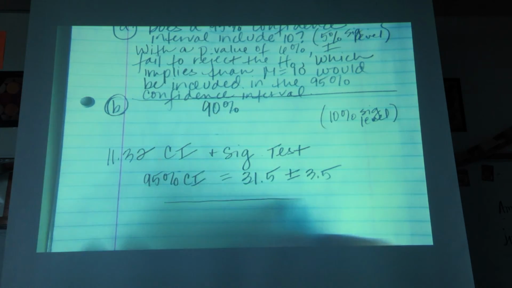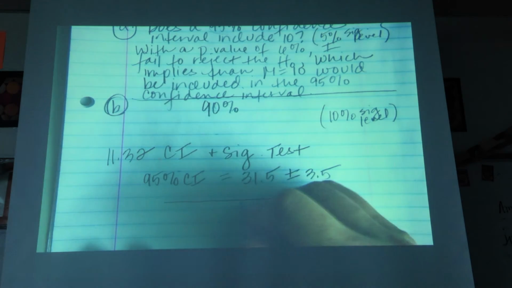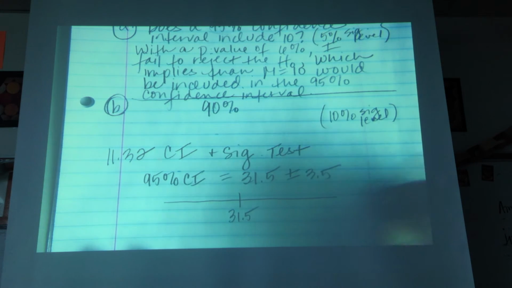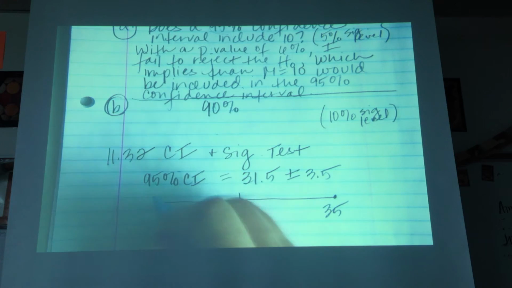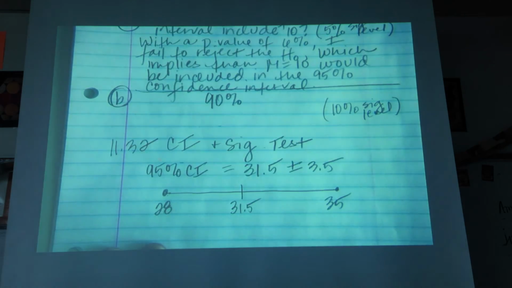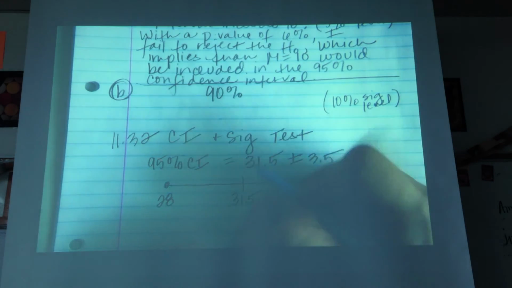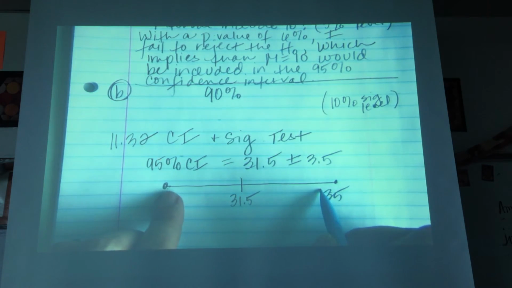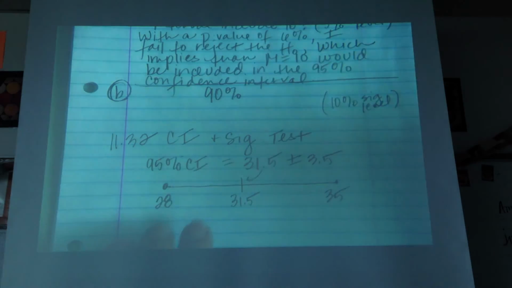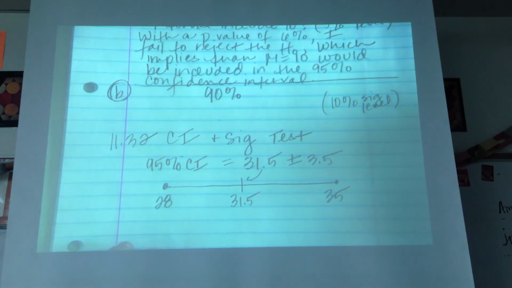This interval would center at 31.5. Its endpoint would be at 35 if I add my 3.5, and over here would be at 28 if I subtract my 3.5. So your margin of error determines the distance from your sample mean. Can you reject the null hypothesis?